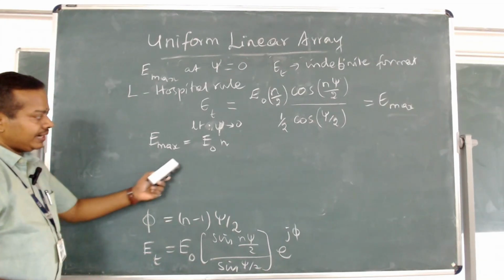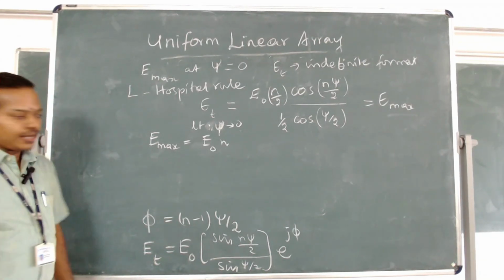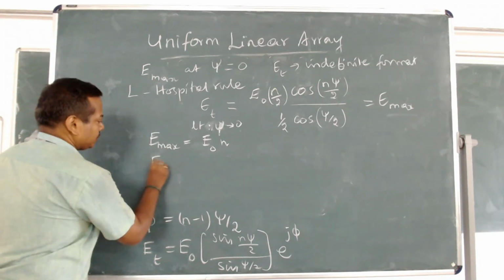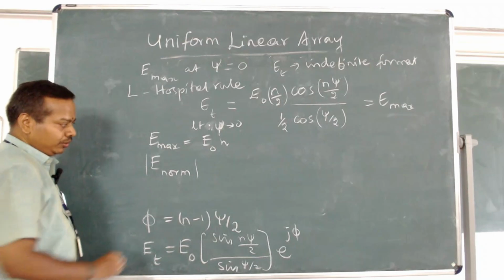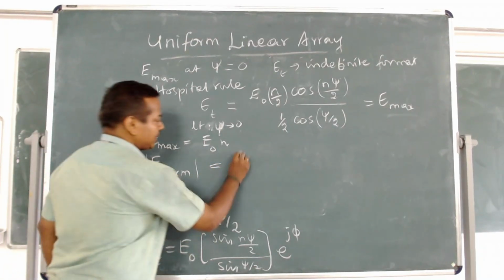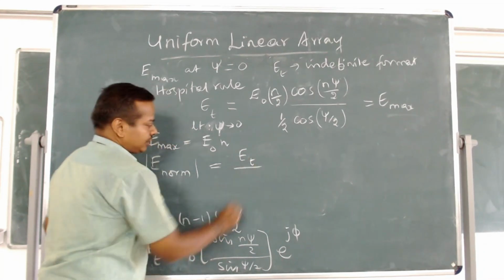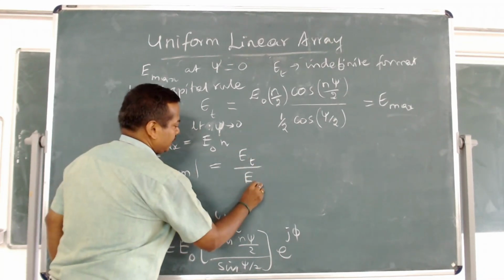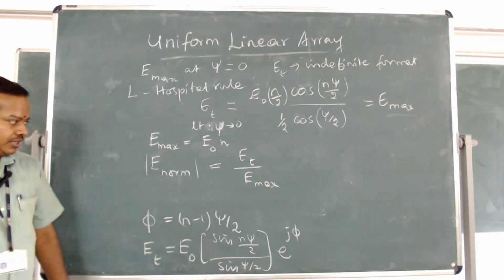If we divide the radiated electric field intensity by its maximum value, we will get the normalized radiated field. So the magnitude of the normalized electric field intensity is equal to the total radiated electric field intensity divided by the maximum radiated electric field intensity.